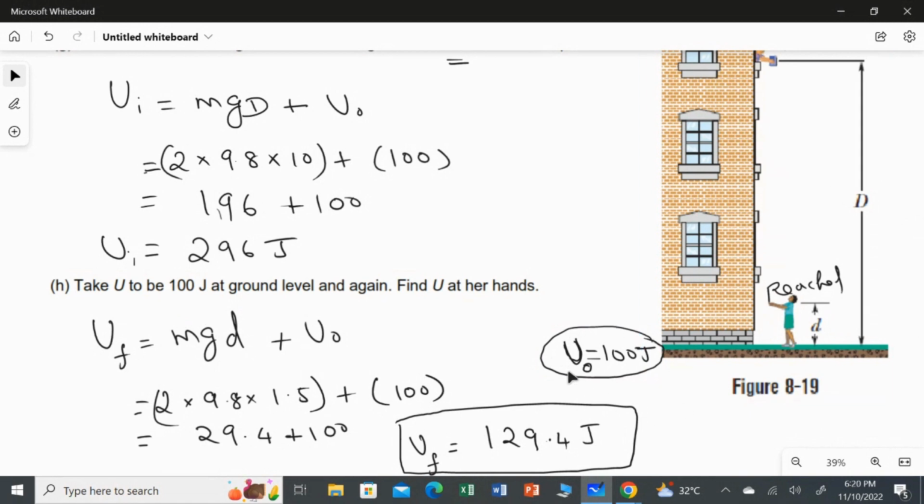If you have any potential energy at the ground level, you have to add this potential energy only when you are going to find the potential energy only. Clear? So in this question we are going to find the potential energy for the initial condition. In this question we are going to find the potential energy for the final condition. But when you go for finding the change in potential energy, you should not consider that. Clear? Understand? Okay.